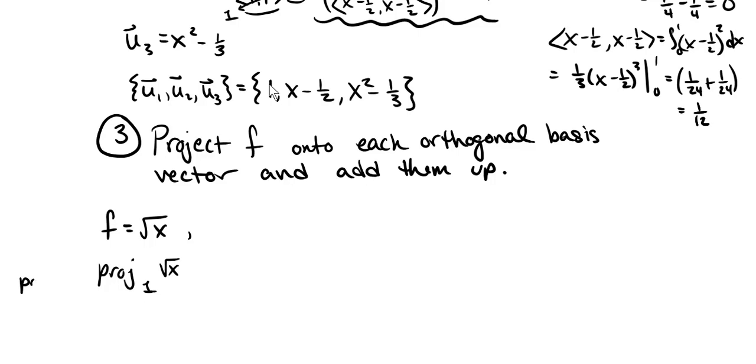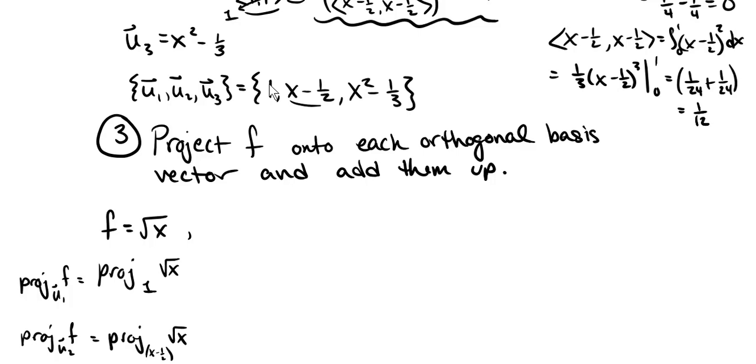Let me write this in a little more detail. We need to project f onto u2. u2 is x minus a half.